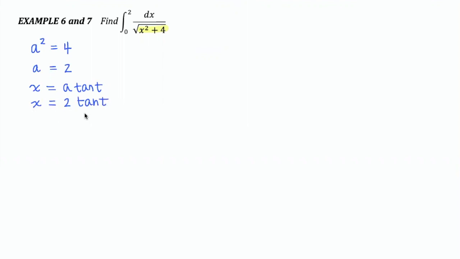And not only do you need to find out what x is, which we're going to substitute, we also need to find out what the dx should be replaced with. So we're going to take the derivative of x. 2 times tangent of t, we can just leave the 2 there. And the derivative of tangent is secant squared. So we get 2 secant squared t dt.